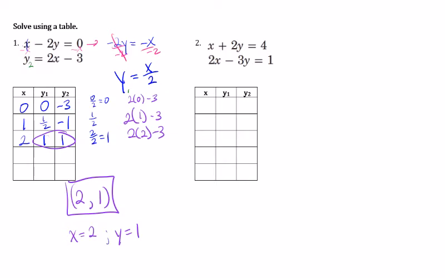All right, so that's how you use a table. You just kind of go through and find out where they're the same. Now, downside, this could take anywhere from 3 steps like we just did, three rounds, or it could take forever, right? There's not really a limit to how long this could take. The other thing is, what if they're negatives, right? We're starting at 0 and going up.